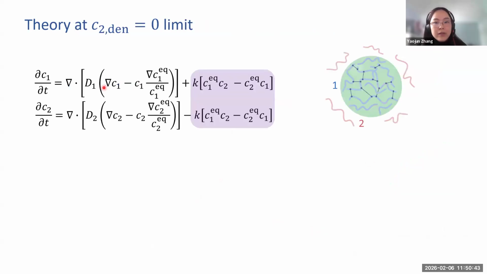Let's first talk about the C2 dense equal to 0 limit, which is to say that there are no free polymers inside the condensate. Everything inside the condensate is cross-linked. In this case, species 1 molecules, these cross-linked molecules, are diffusing inside the condensate, and the species 2 molecules are outside, and they can only convert with each other at the droplet interface region.